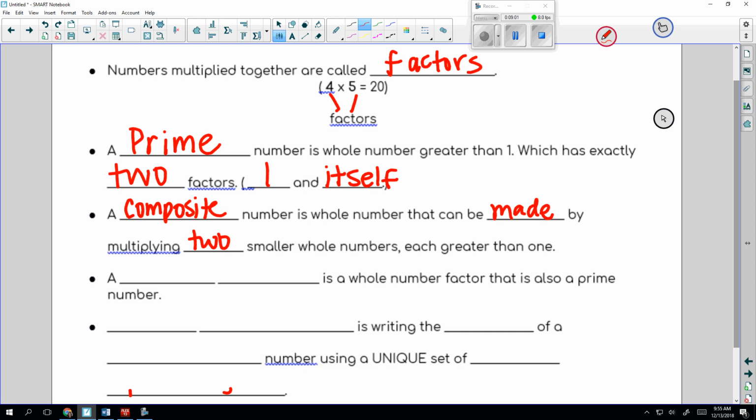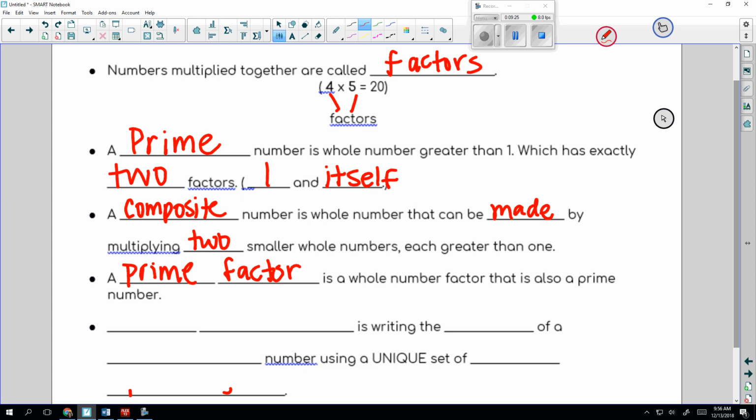Okay? Now on Tuesday, when we did our chart with the colored cubes and we were doing prime factors, that's new, right? So we're just going to write that down so we add it to our memory. A prime factor is a whole number that is also a prime number. Okay? So it's just a prime factor.